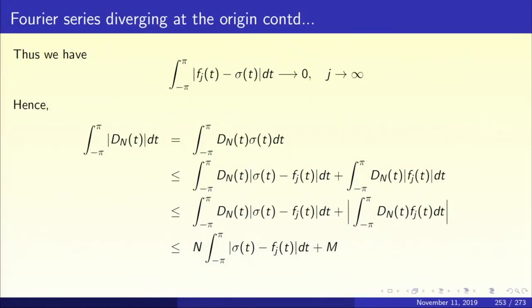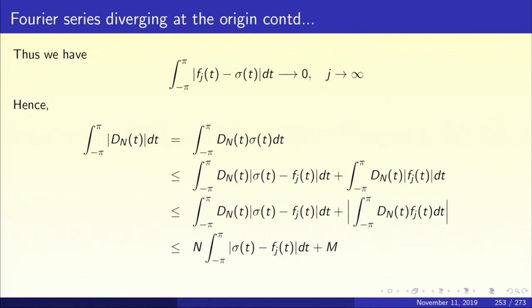Okay, so now we have integral minus pi to pi mod fj(t) minus the signum function sigma(t) goes to 0. I denoted the signum function here by sigma(t). So now integral minus pi to pi mod dn(t) dt, which is integral minus pi to pi dn(t) into sigma(t) dt, add and subtract an fj(t), and use the triangle inequality.